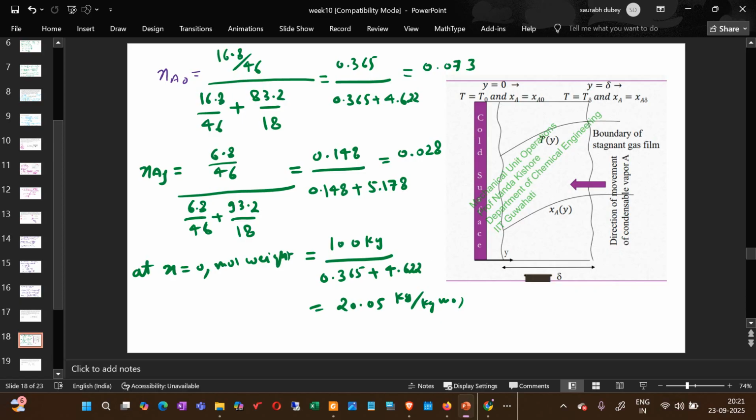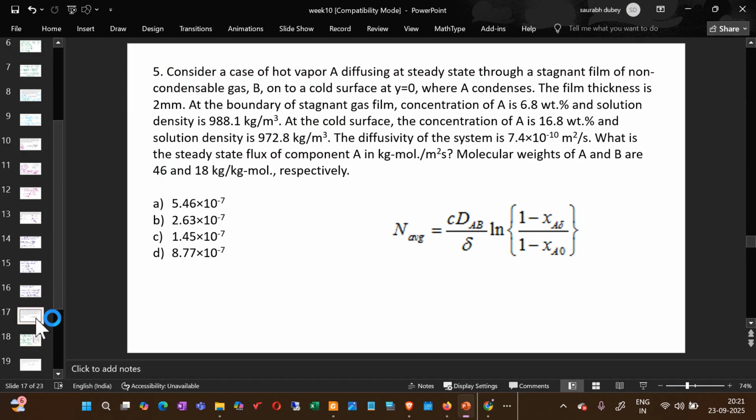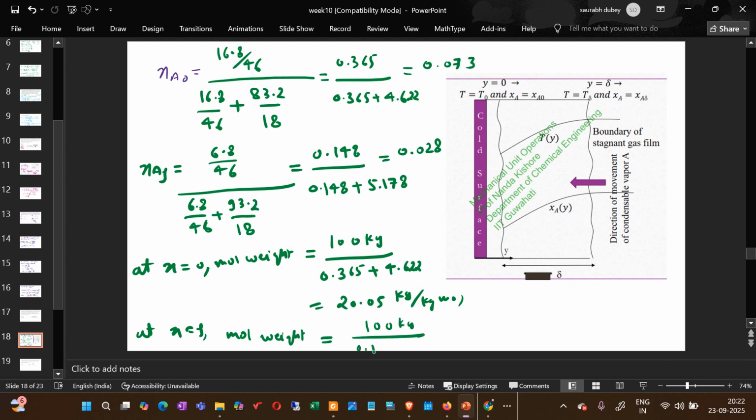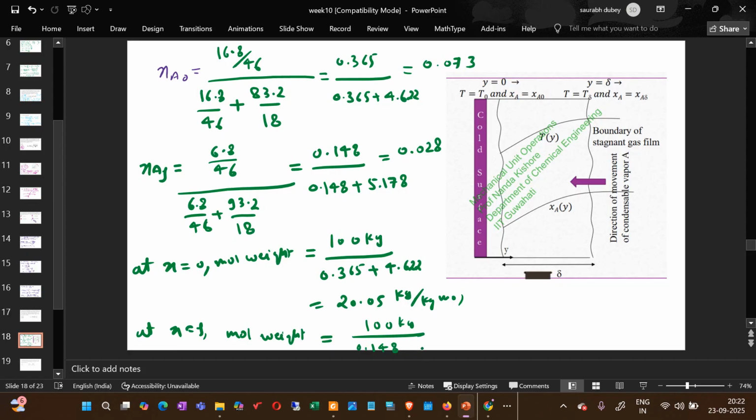At x equals delta, it is 100 divided by 0.148 plus 5.17, which is the total moles. So this is total, and this is mass. So what is the ratio?